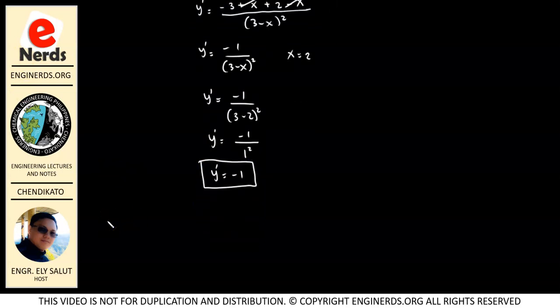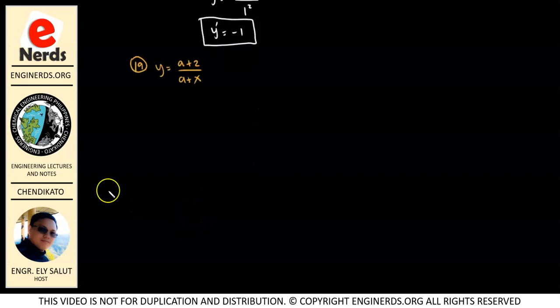Okay, so now let's go to problem number 19. Problem number 19 is y is equal to a plus 2 over a plus x. So we have dy over dx equal to y prime, d over dx of a plus 2 over a plus x.